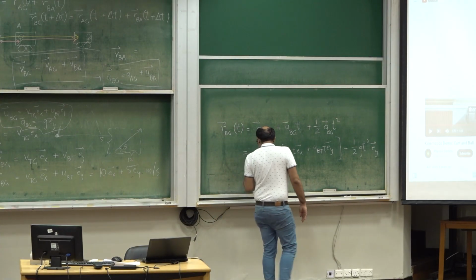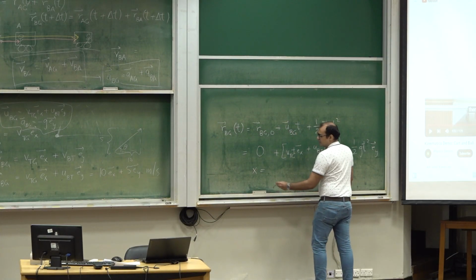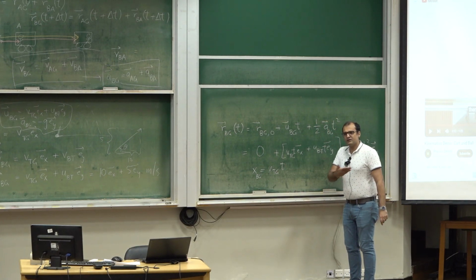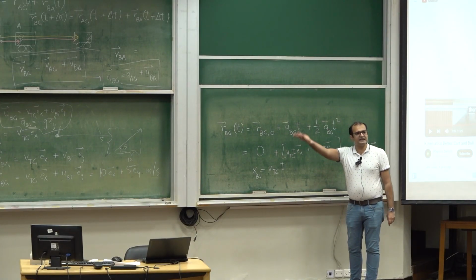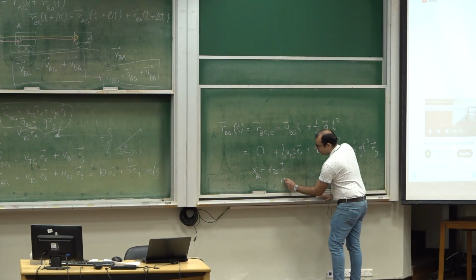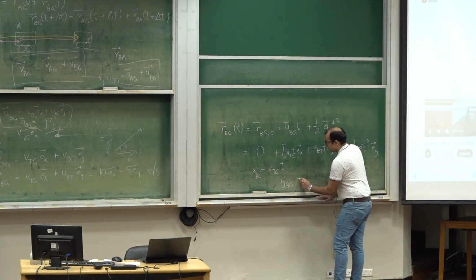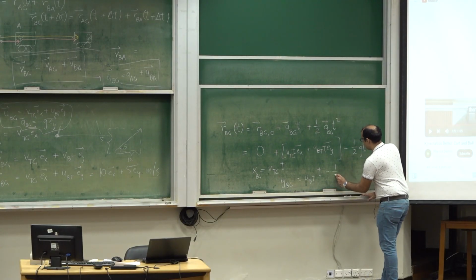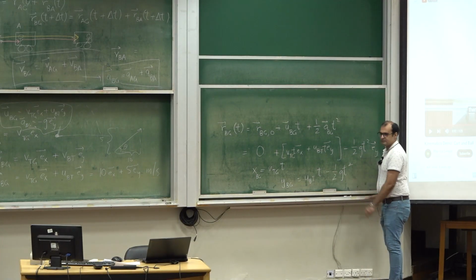In other words, the x coordinate of the ball according to the ground equals v_TG times t. हॉरिजॉन्टली बॉल उसी तरह मूव कर रहा है जिससे ट्रेन मूव करती जा रही है. ट्रेन के साथ साथ मूव कर रहा है बॉल हॉरिजॉन्टली. वर्टिकली what is happening to the ball is u_BT times t minus half g t square.